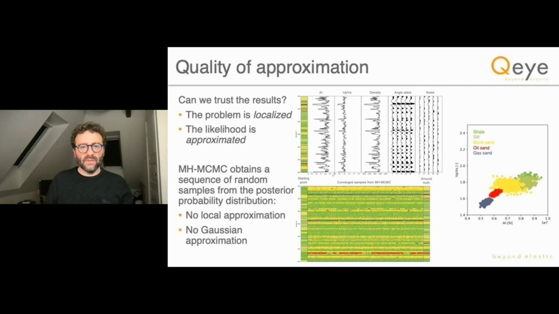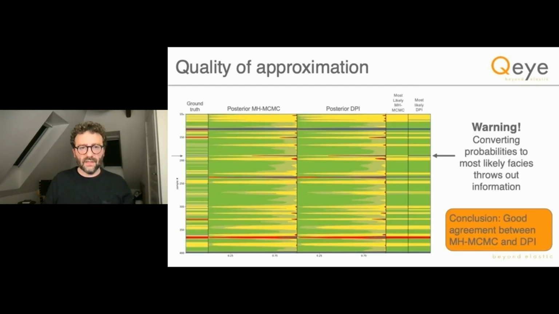Then we can build a synthetic test case and compare. We have the ground truth to the left. We can compare the posterior of the Metropolis-Hastings with the posterior of DPI. And the conclusion is that there is good agreement, so these approximations are well controlled.